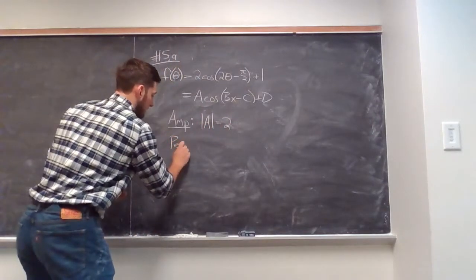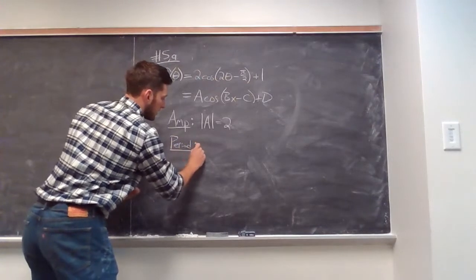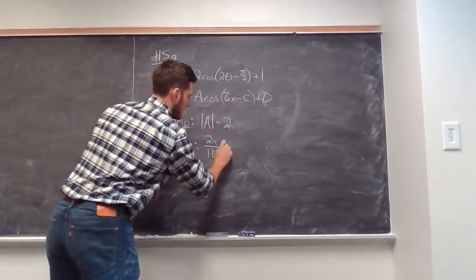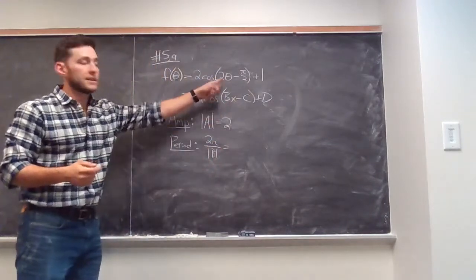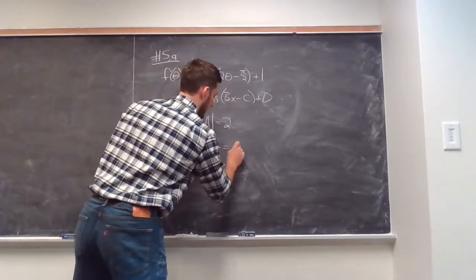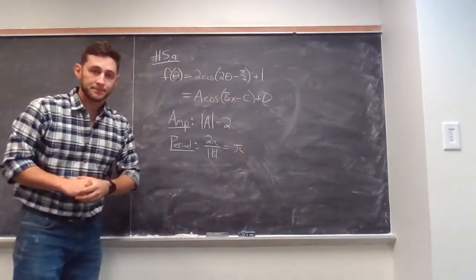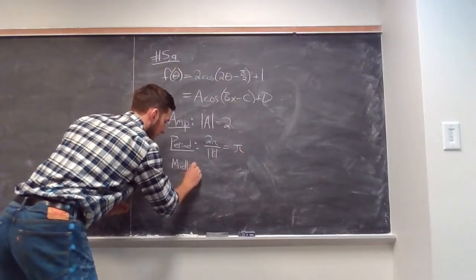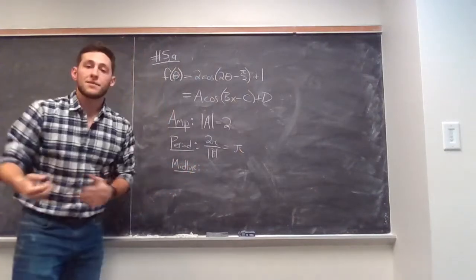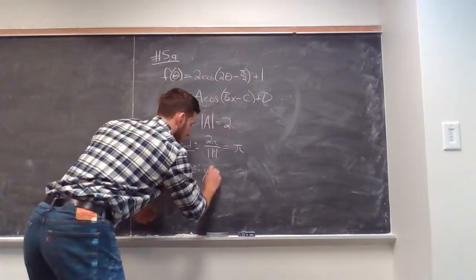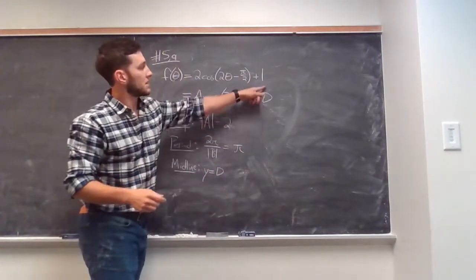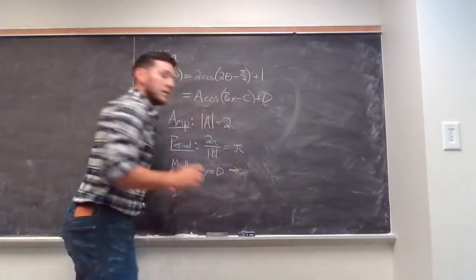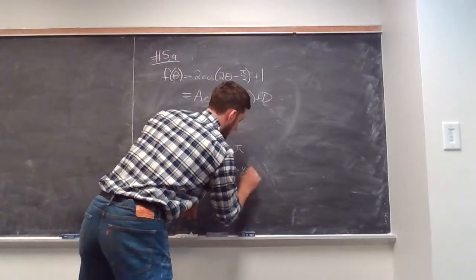The period is going to be 2 pi divided by the absolute value of B. In this case, B is 2, so we get a period of pi. The midline is going to be the equation y equals d, where d is the number out here, and you need y equals, so heads up, the equation of the midline is y equals 1.